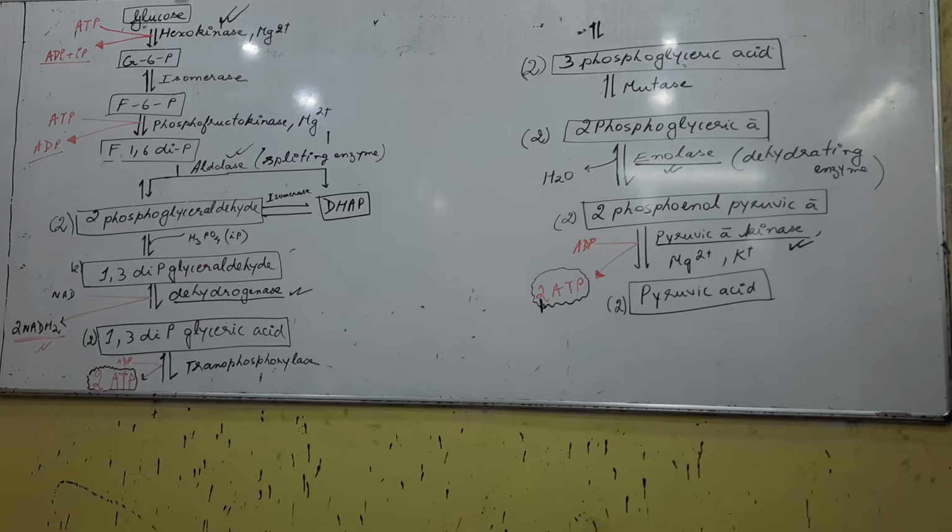NAD was already present in the cell, and NAD plus H positive is converted to form NADH2, so NAD is reduced. So the question is: reduction of NAD occurs at which step? Reduction of NAD occurs during conversion of aldehyde into acid, right? Phosphoglyceraldehyde is converted into phosphoglyceric acid; when aldehyde is converted to acid, NADH2 is produced. This is the way we will read it.